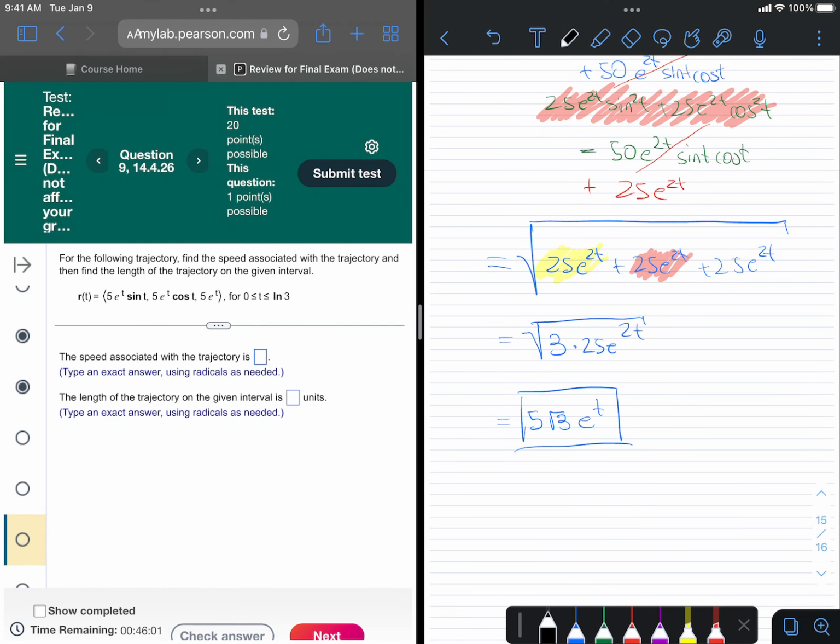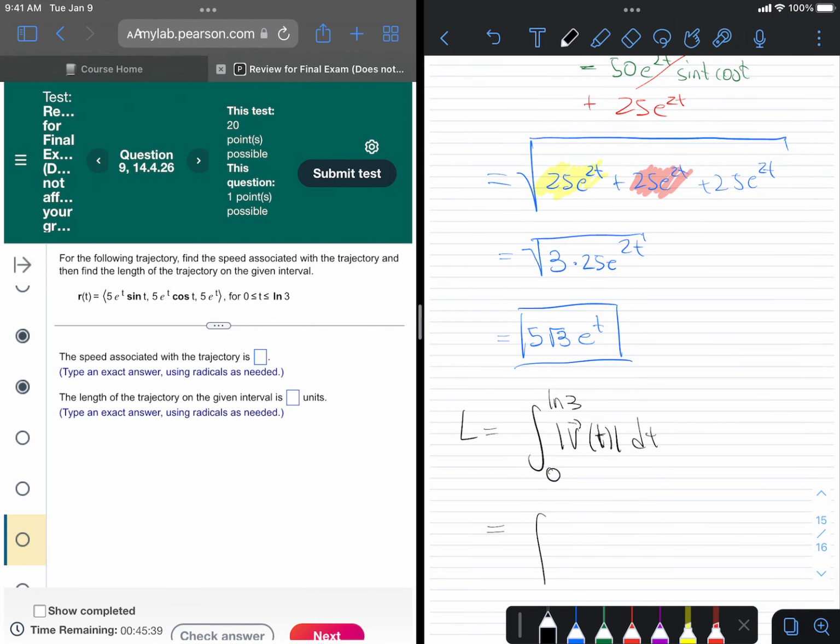To find the length, what we do is we integrate the speed. So the length is the integral of the speed for the time interval given, and we're told that t is supposed to vary between 0 and the ln of 3.